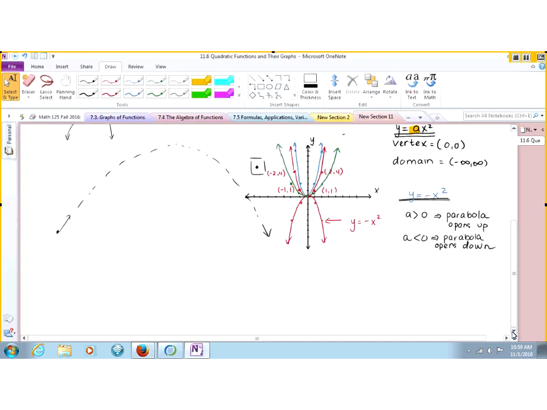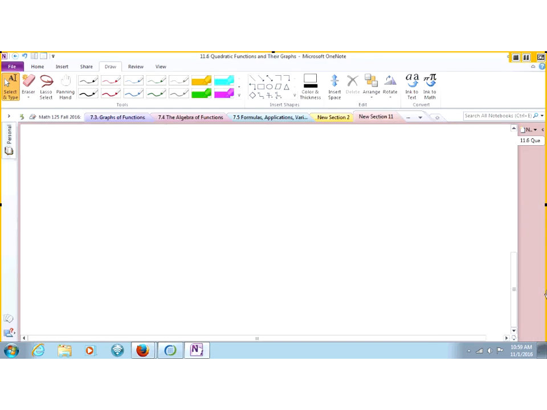Now, let's continue. What about y is equal to ax squared? All right, so let's talk about B. What about graphing y is equal to a times x minus h squared? Before, what did we graph?